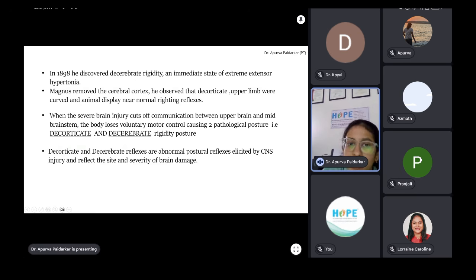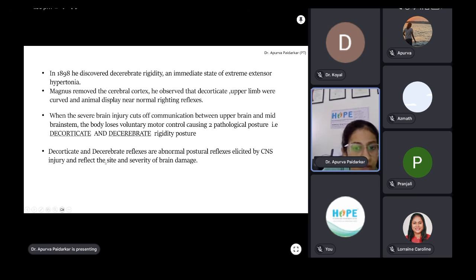And Magnus removed the cerebral cortex and he observed that in the decorticate animal the upper limbs were curved, and the animal displayed near normal righting reflexes. So when a severe brain injury cuts off the communication between the upper brain and the brainstem, the body loses its voluntary motor control, causing these two pathological postures, decorticate and decerebrate rigidity.